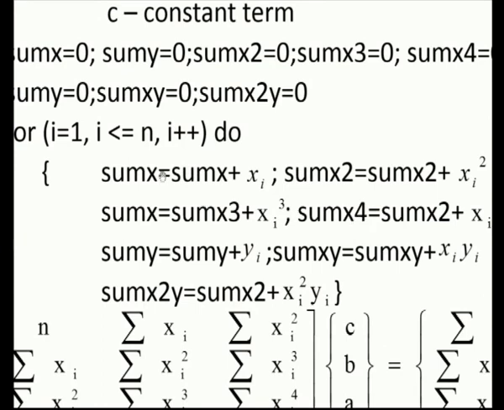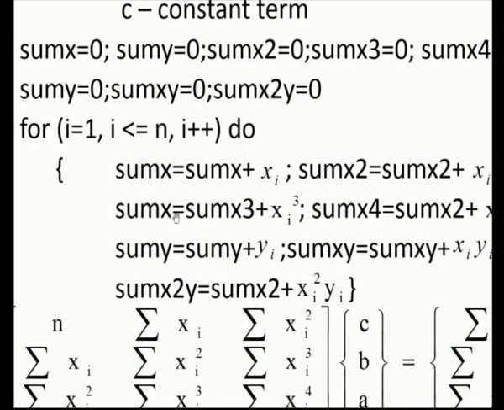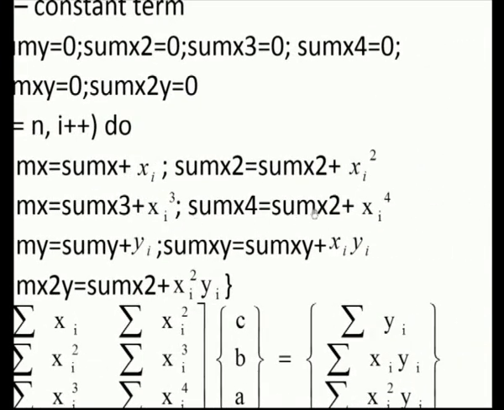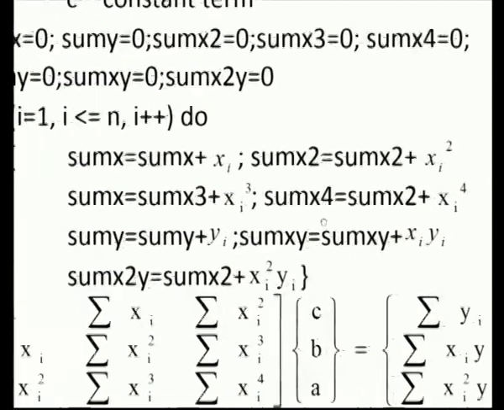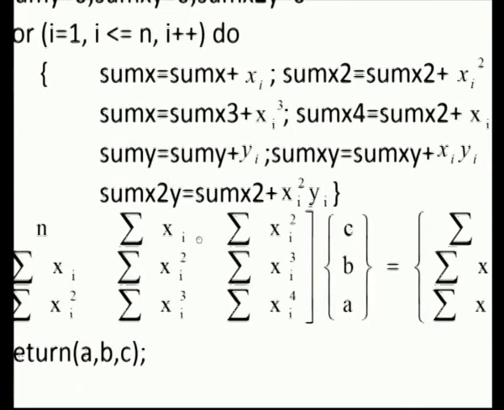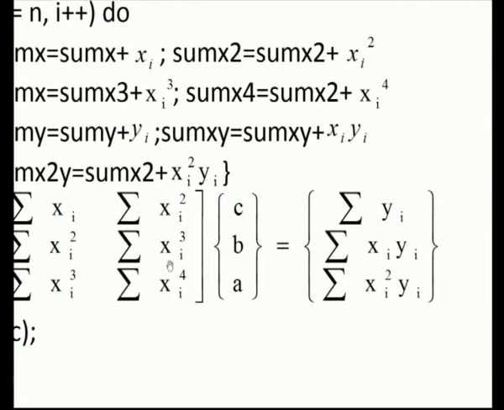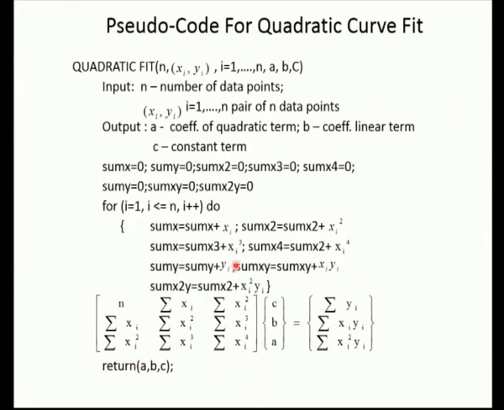The variables sum x stands for summation x, sum x2 for summation x squared, sum x3 for summation x cube, sum x4 for summation x power 4, and as usual sum y and summation x y. Ultimately we get a 3 by 3 system of equations, you solve it, get a, b, c, and return that.